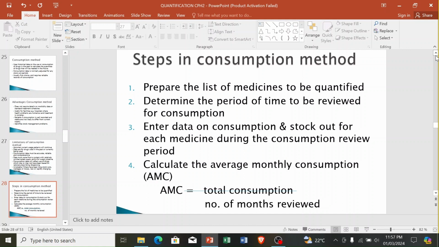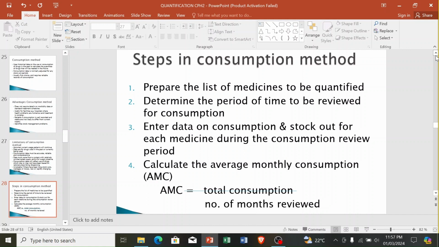Average monthly consumption is total consumption for all the months that we recorded, divided by the number of months reviewed. So if we have reviewed for 2 months, put the total consumption divided by 2.